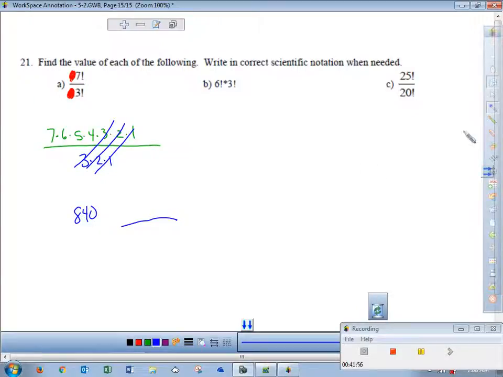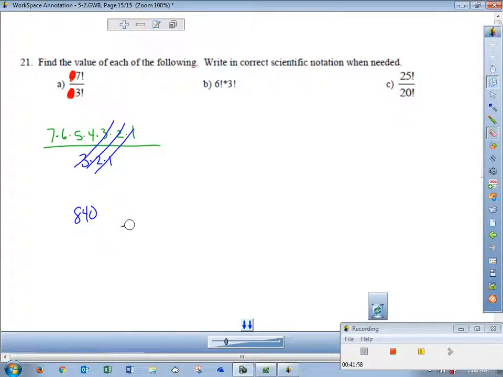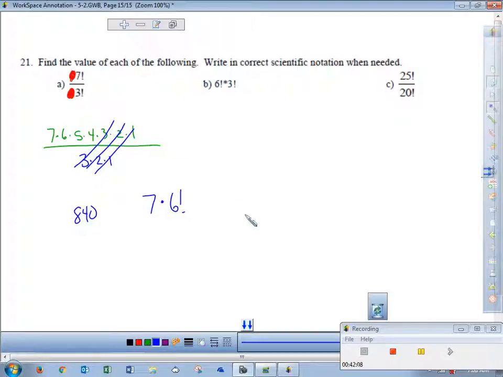Other ways you could think of this, if that kind of confused you, is that 7 factorial can be rewritten as 7 times 6 factorial. Right? Isn't that going to be 7 times 6 times 5 times 4 times 3 times 2 times 1?